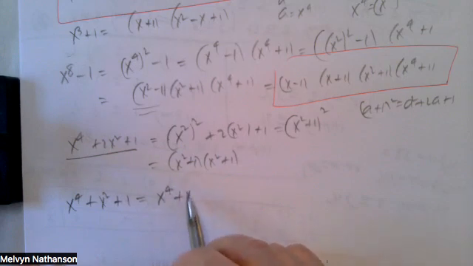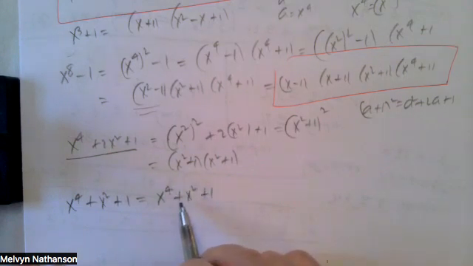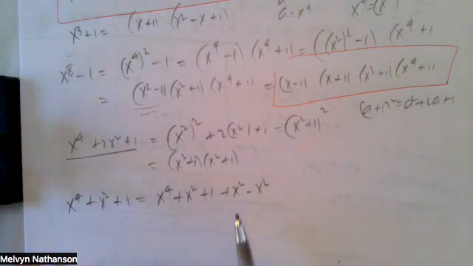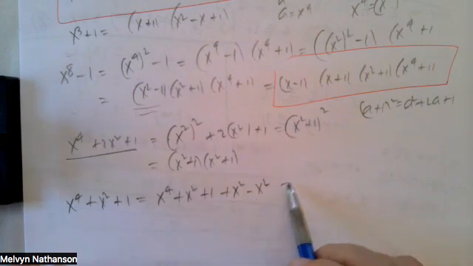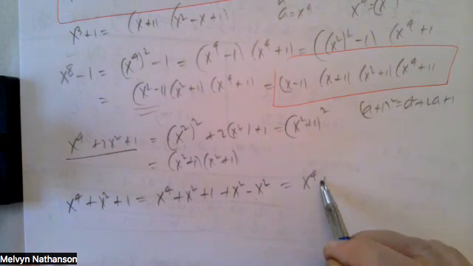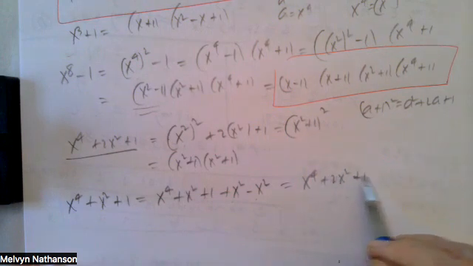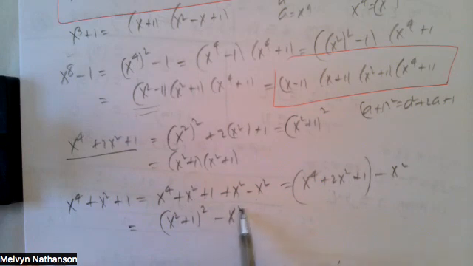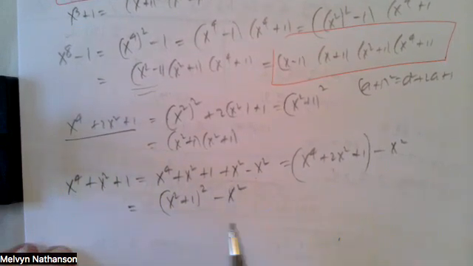x to the 4th plus x squared plus 1 is the same as x to the 4th plus x squared plus 1 plus x squared minus x squared, because all I did is add 0. But then x squared plus x squared is 2x squared. So that's x to the 4th plus 2x squared plus 1 minus x squared. And this we saw does factor. This is equal to x squared plus 1 squared minus x squared. And again, this is a difference of two squares.